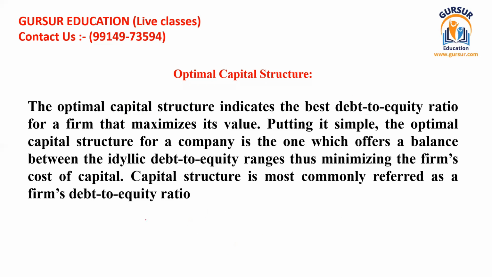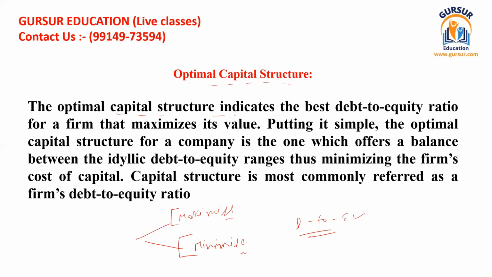Because your purpose is always to maximize the value of your company and minimize the cost of capital. The proper and best kind of debt to equity ratio ensures the optimal capital structure, which shall lead ultimately to this situation.